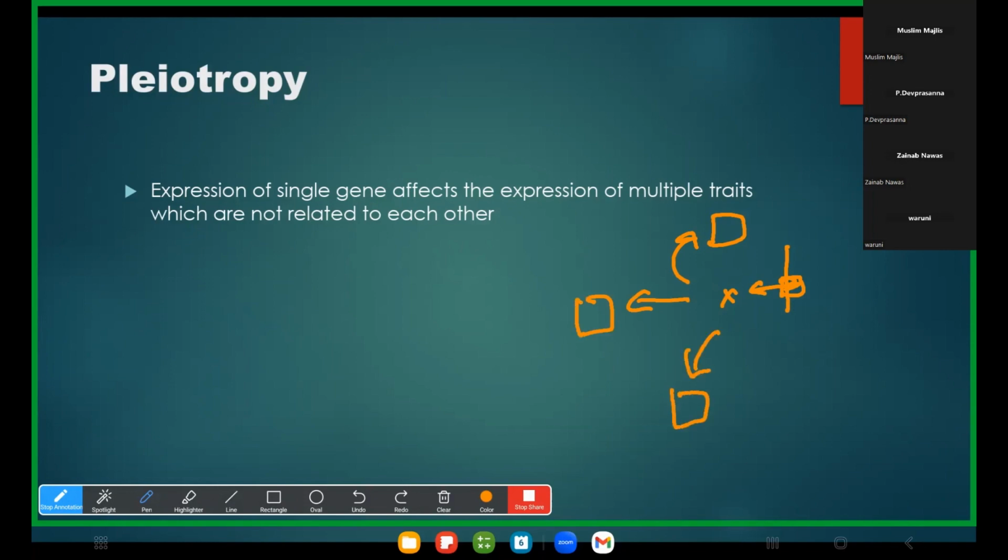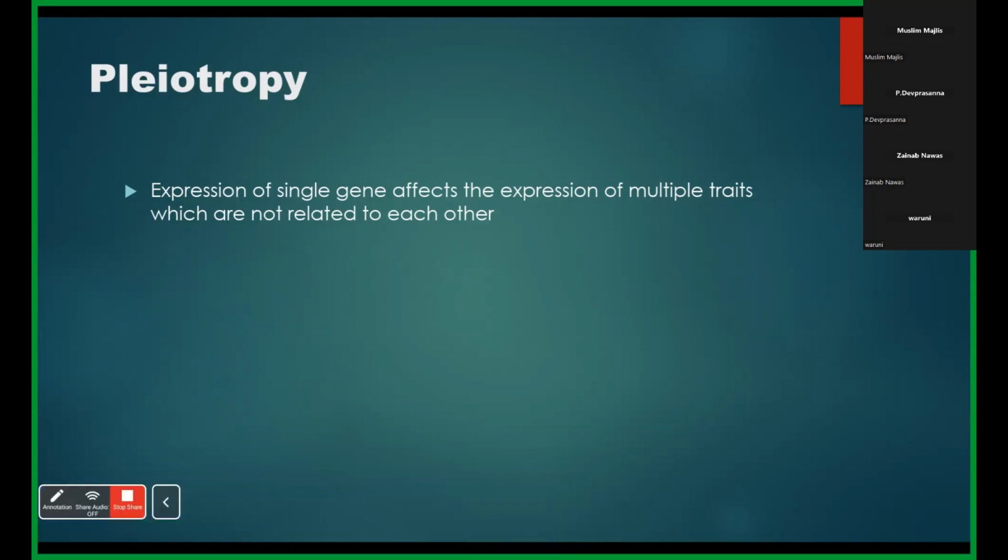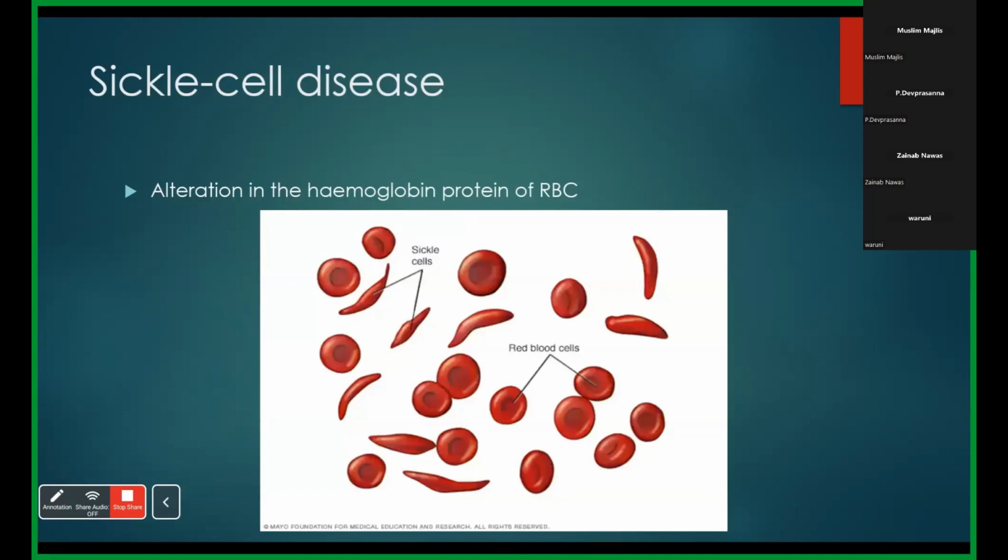That kind of situation is considered to be pleiotropic. This can be observed in sickle cell disease, a disease where the hemoglobin, or the red blood cells, are altered into a sickle cell shape during a hypoxic state.